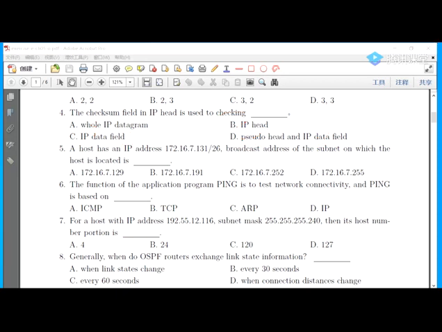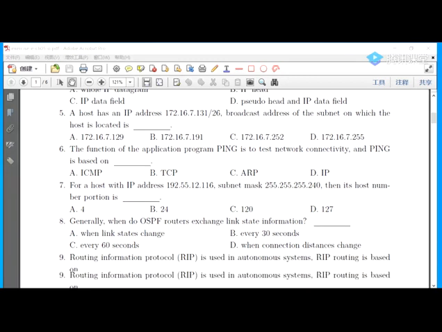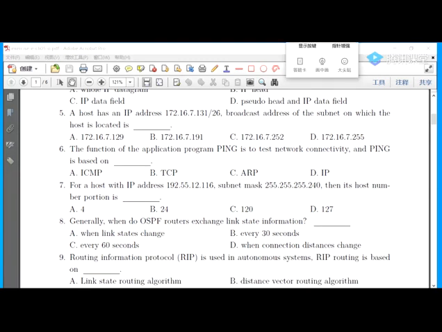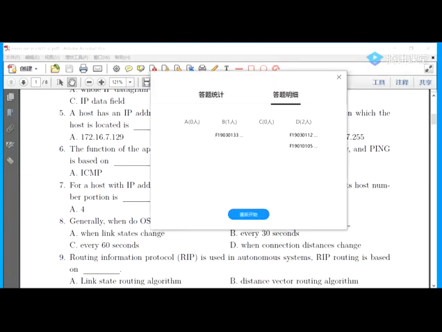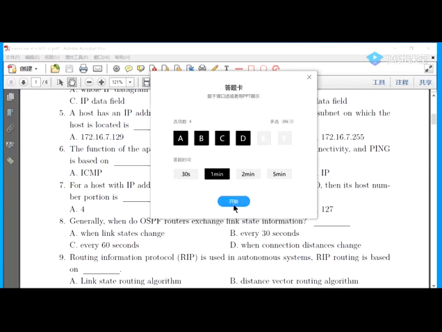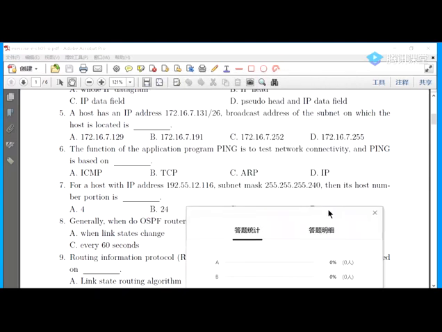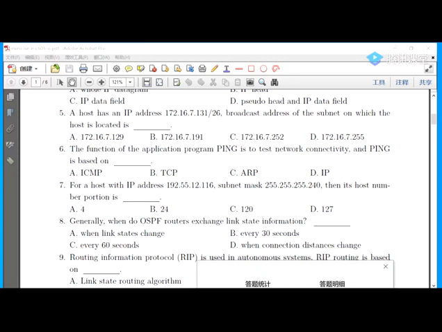Okay, question 5. Which one is correct? Which one is the answer?